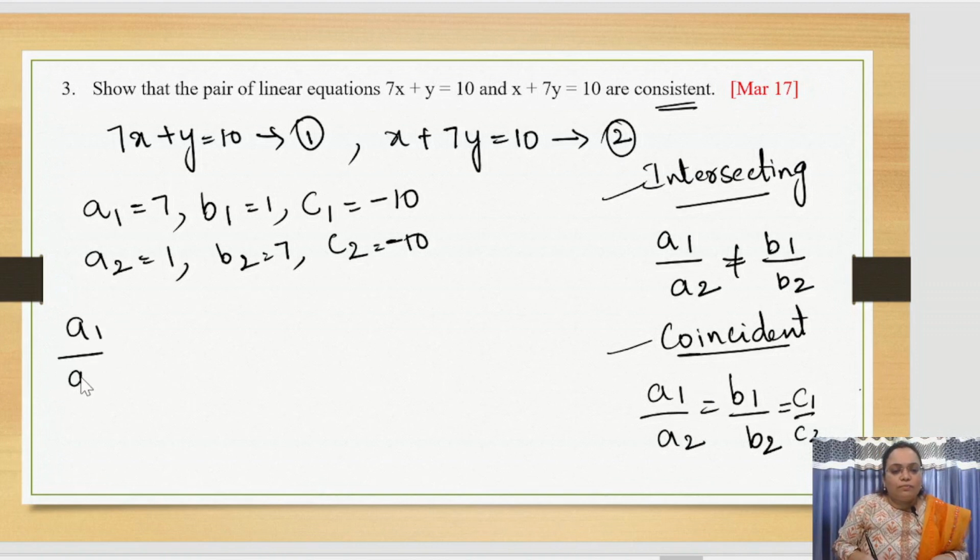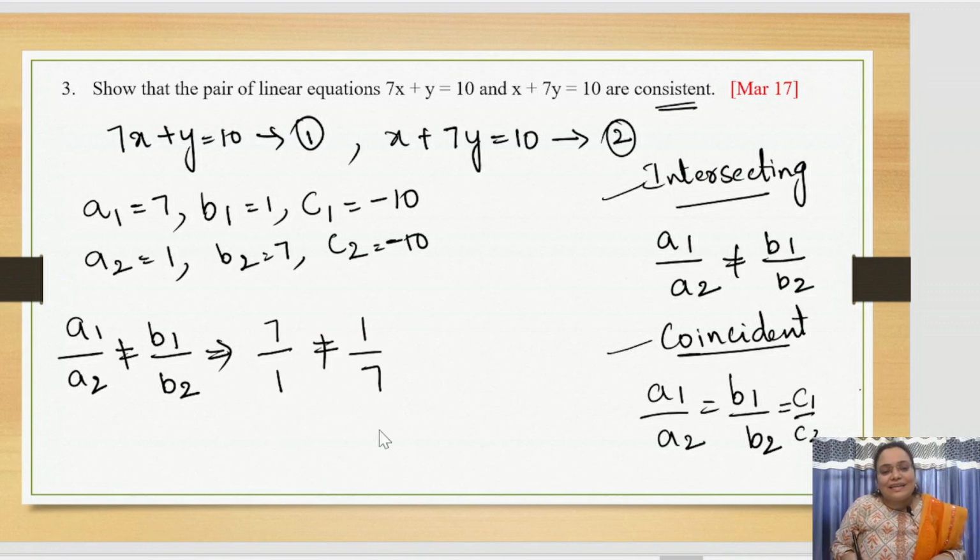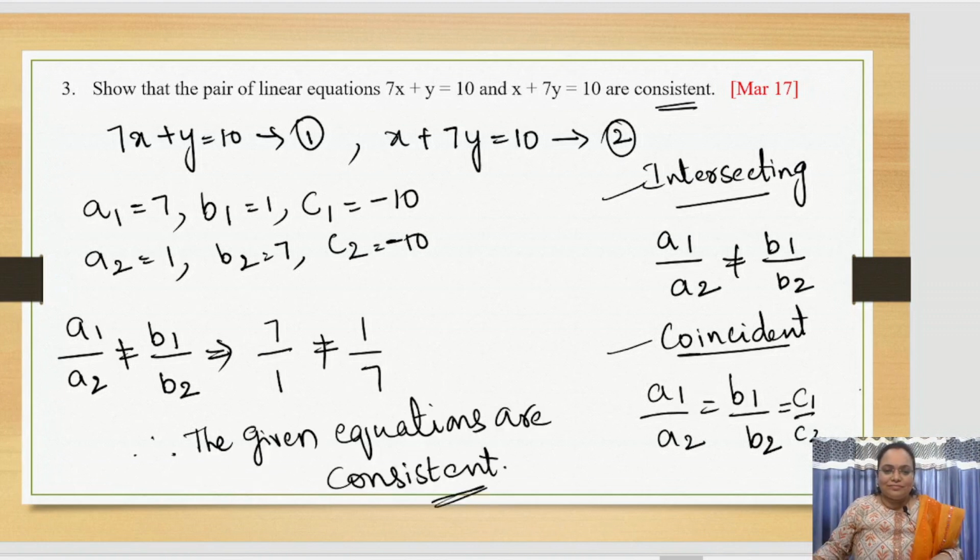It is A1 by A2 is not equal to B1 by B2. You will get A1 is 7 by 1 is not equal to 1 by 7. So it is satisfying the first condition itself. Therefore, the given equations are consistent.